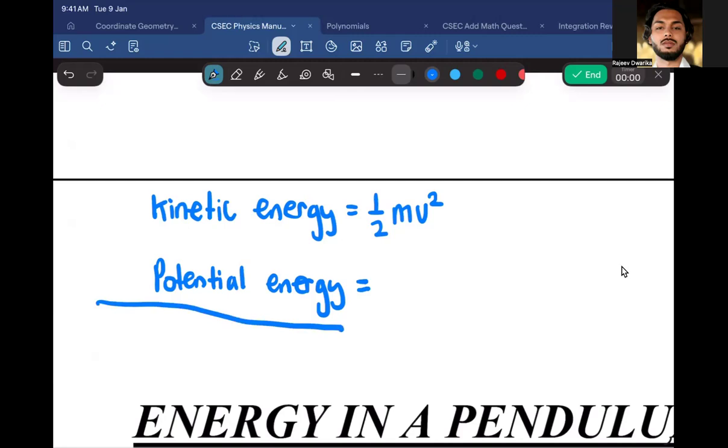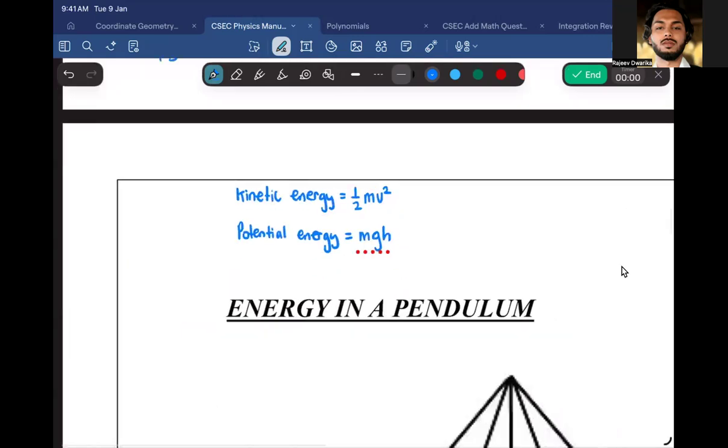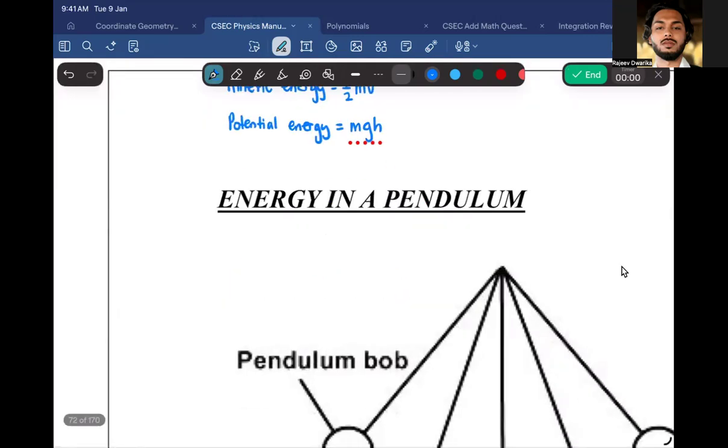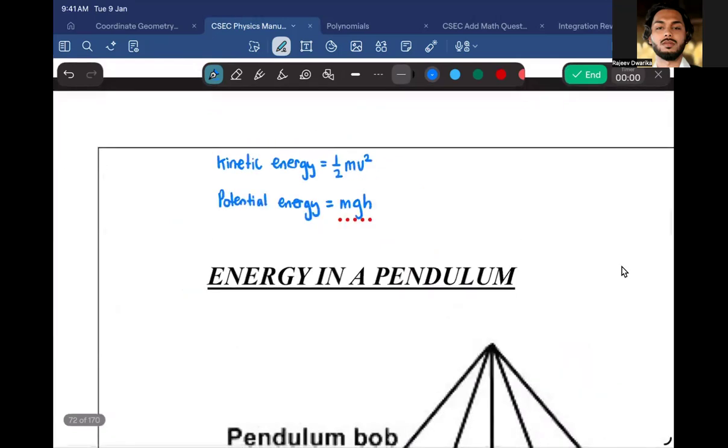So if something has a height and it has a tendency to fall down, the formula would be mass by gravity, because gravity is going to cause it to accelerate towards the ground, by height. So that's just a little recap. If something is not moving, its kinetic energy is zero, right? If something has a distance away from its resting position, it's going to have potential energy, right?